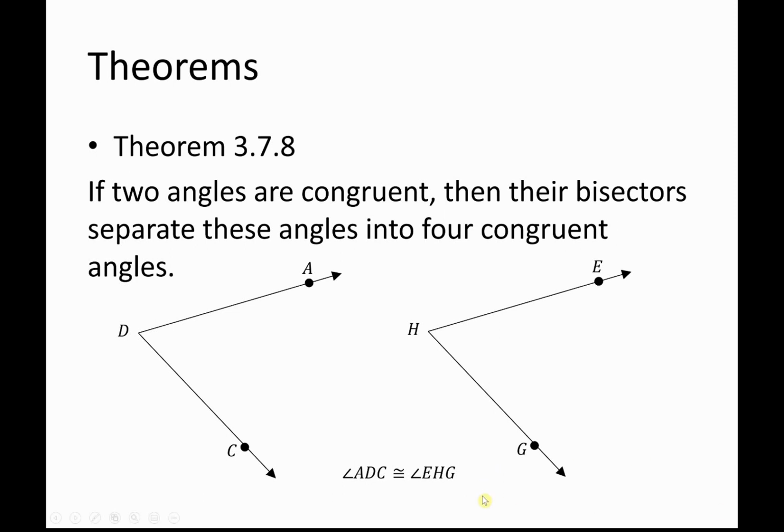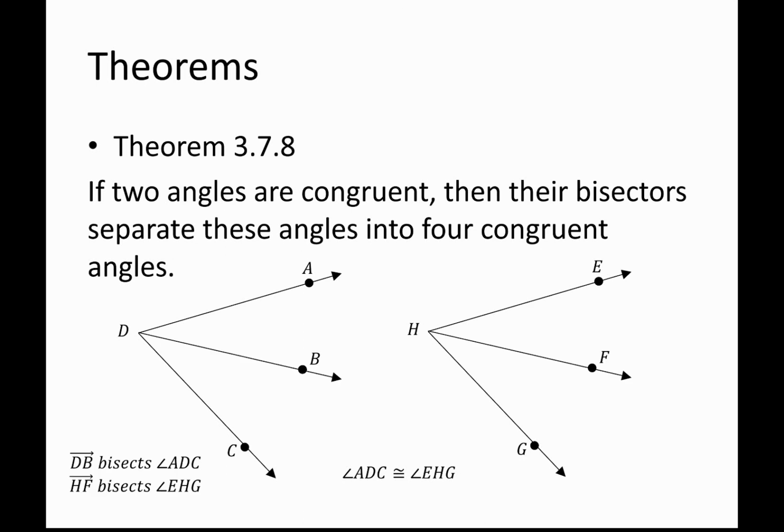Now, if you rely on, what was it, construction 4, that hopefully you've already seen the demonstration video for, you can construct with a high amount of accuracy the angle bisectors, which for angle ADC will be ray DB, and for angle EHG, ray HF bisects angle EHG. Okay, so then notice that with the incorporation of these angle bisector rays, we now have 4 angles in play. That's angle ADB, BDC, EHF, and FHG, or there might be other 3-letter names that are equivalent.